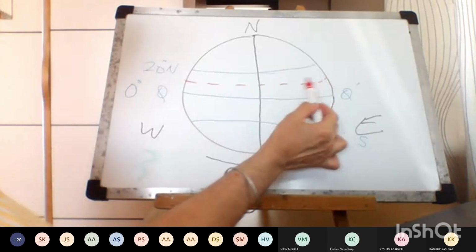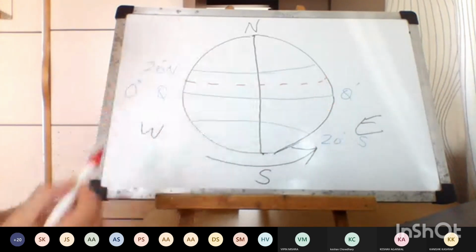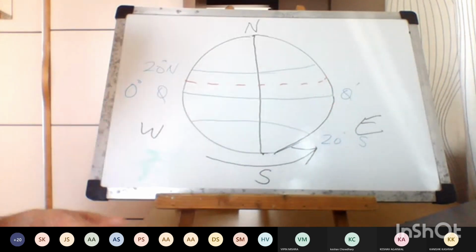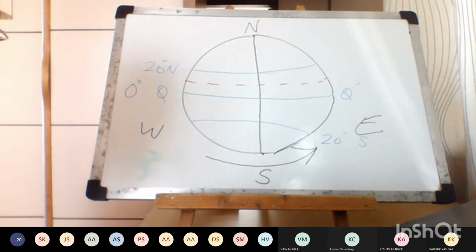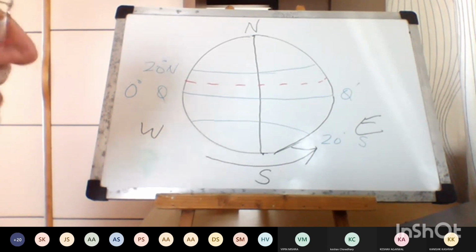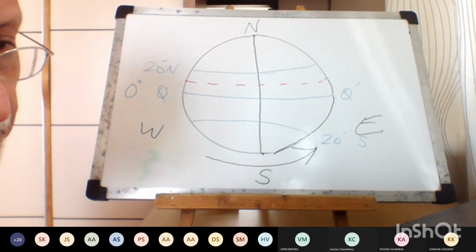The sun rises here, the sun sets here. By taking the meridian altitude of the sun, they would be able to find the latitude very easily. And so then they knew, okay, either I have drifted north or I have drifted south, and then they would maintain the latitude. Same thing they can do with the pole star.